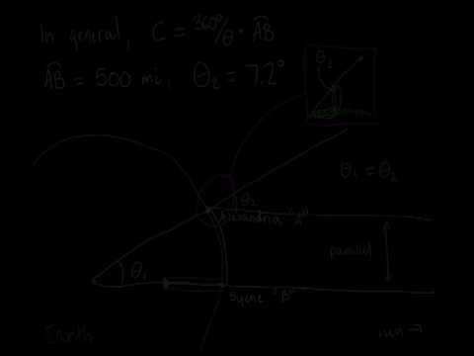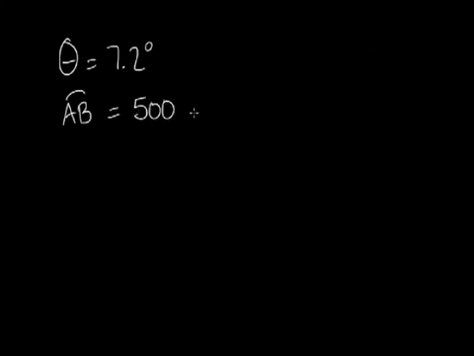So now we have this information. The angle theta, let's just call it theta now, is equal to 7.2 degrees. And the measure of the arc, AB, or Alexandria Syene, is 500 miles. So with this information now, all we have to do is feed this into the formula that we got earlier. Let's just recall it. C equals 360 degrees divided by theta times AB.